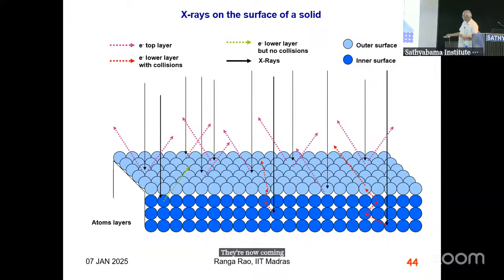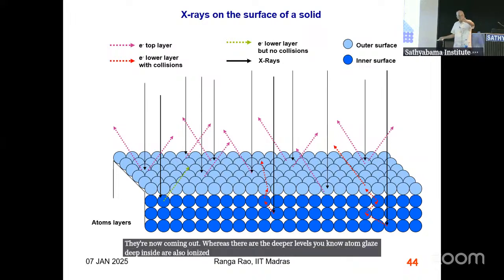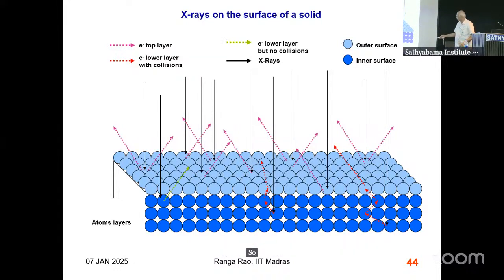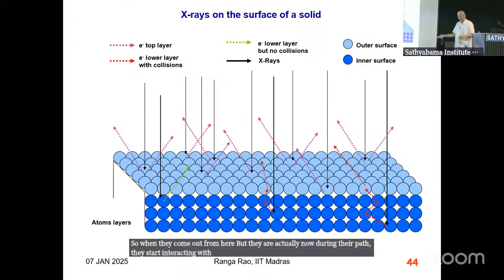Whereas the atomic layers deep inside are also ionized, because the ionization depth is about 1 micrometer, right? So when they come out from there, during their path, they start interacting with other cores, right?